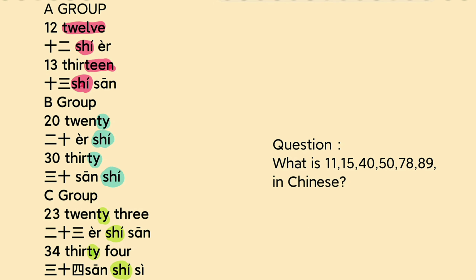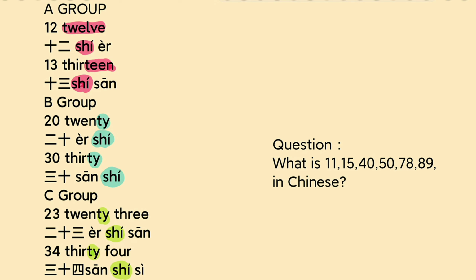Now we come to the second part. It's about the numbers from 11 to 99. Just like English, the Chinese numbers also have principles and rules. And I divide the Chinese numbers in this range into 3 parts: A group, B group, and C group.